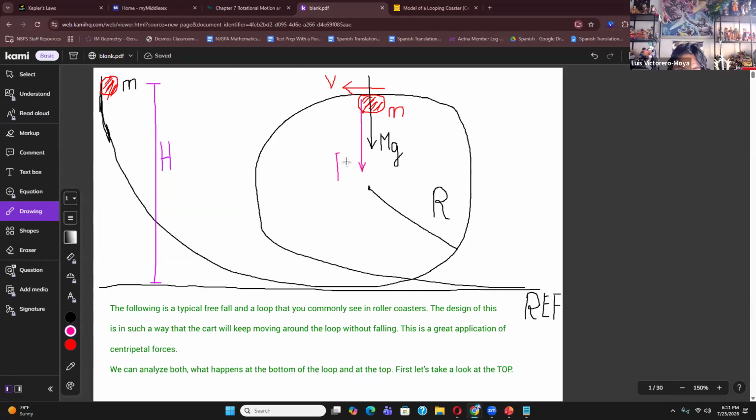That force is pointing towards the center. So that's what we have to write here.